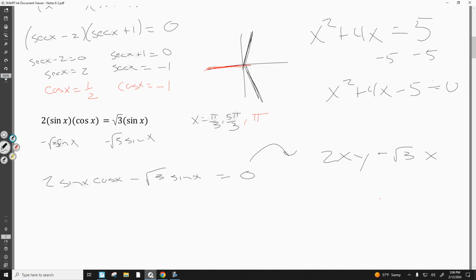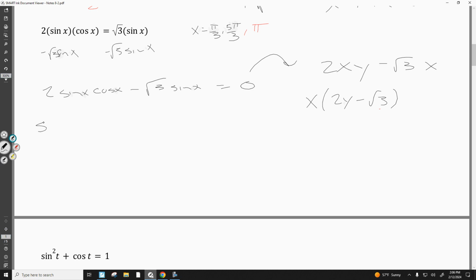Tell your neighbors. What would you factor? Factor out an x, right? You could take out an x, and you got 2y minus root 3, right? Guys, you got sines and cosines, right? Well, you could factor out sine from both of those terms, and that's what you're going to do.